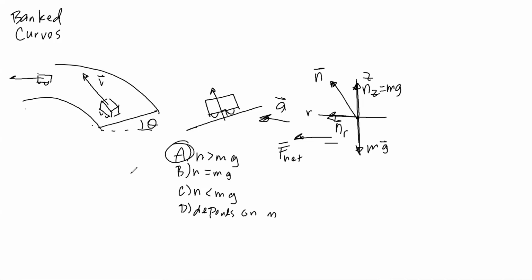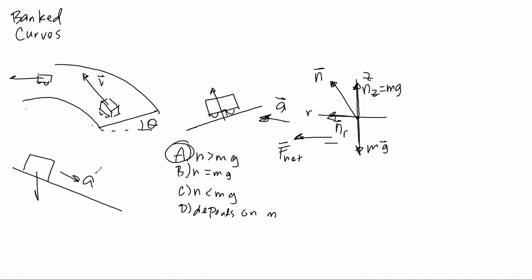And this is certainly different from those examples that we did in chapter 6 and 7, where you have the box sliding down the incline. If the acceleration is up or down the incline, well, it's always going to be accelerating down.